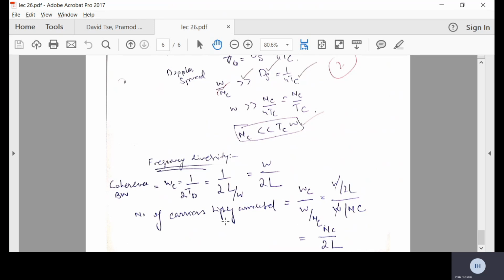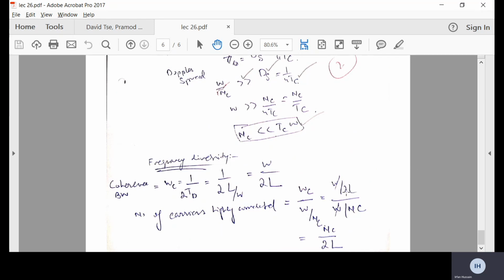So the number of carriers that would be highly correlated would be the correlated bandwidth divided by the subcarrier spacing. The correlated bandwidth W over 2L is divided by W over NC, which is the subcarrier spacing.